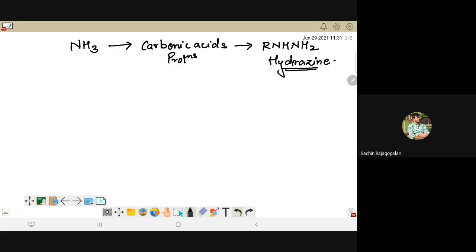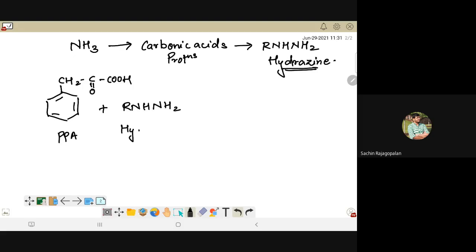I'll tell you why. Because your PPA, which you have produced from phenylalanine due to deamination, this PPA will interact with hydrazine, and there is a condensation reaction that is taking place over here, which is catalyzed by my FeCl3.